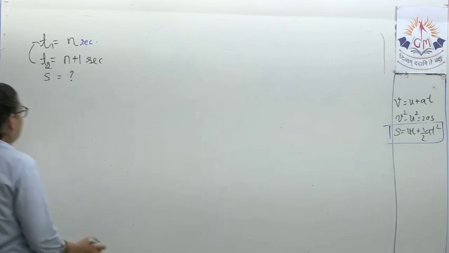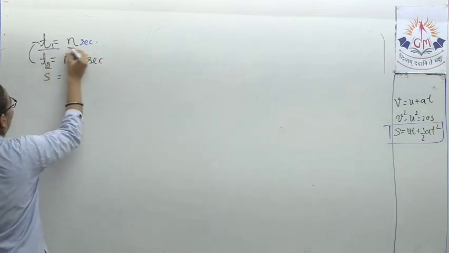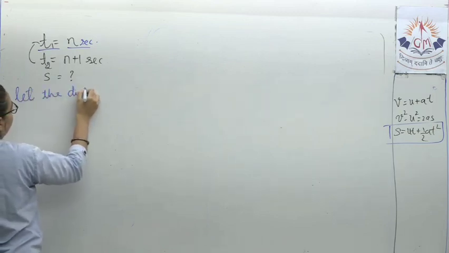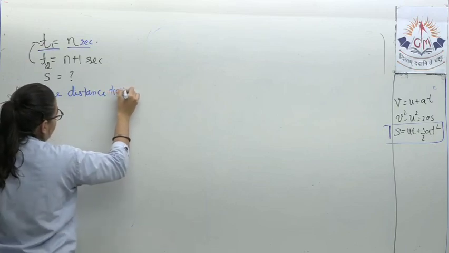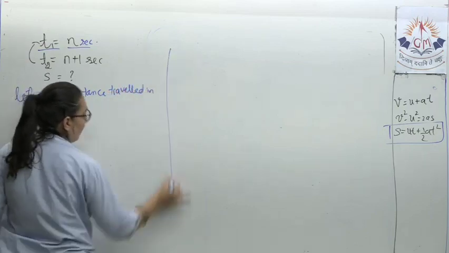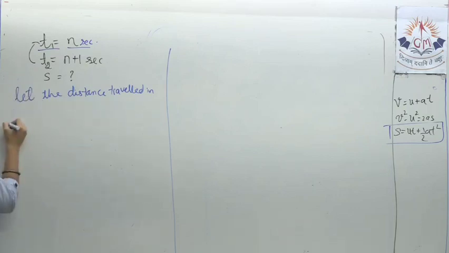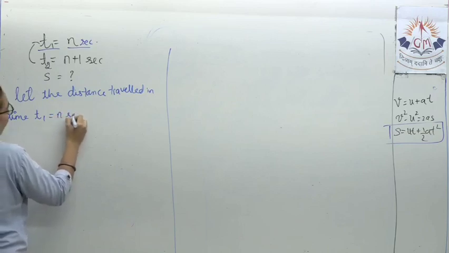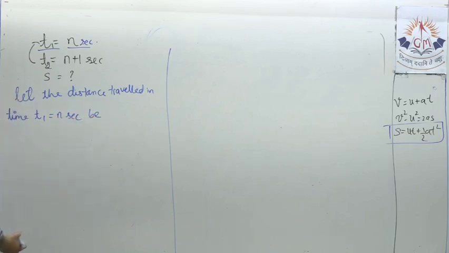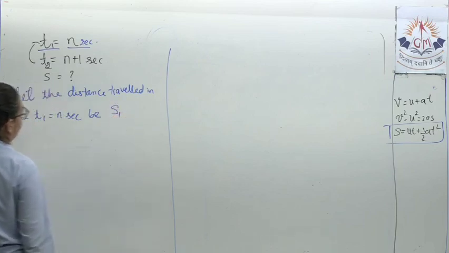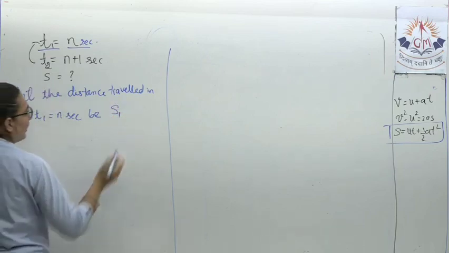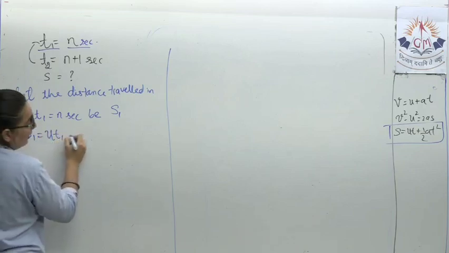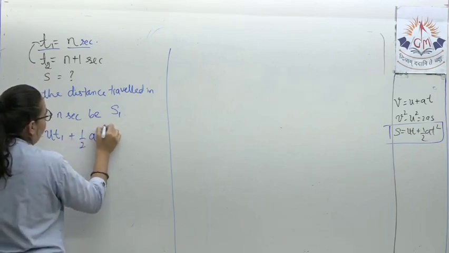Okay? So first, for time t1 equal to n seconds, let the distance traveled in time t1 equal to n seconds be s1. Apply the same thing over here. s1 is equal to u into t1 plus half a into t1 squared.